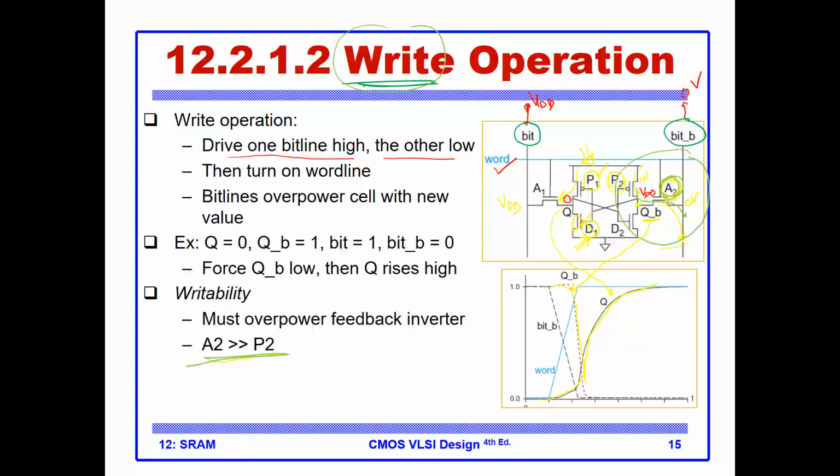So eventually, what I have is the 0 volt copied in the Q bar, and I have the VDD copied into the Q, and then this becomes VDD, and that is essentially what the write operation is, which is to copy the voltages that are pre-charged or pre-discharged on the bit and bit bar onto the inside of the cell.